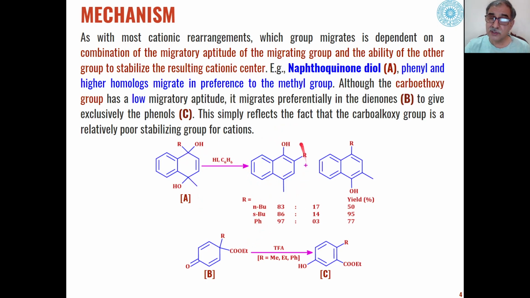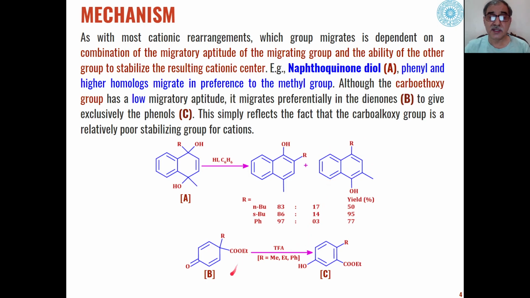Then exclusively 97% of the product formed is where the group will migrate to this position in preference to it. This is just because the intermediate carbocation formed in this product formation is more stable in comparison to the intermediate carbocation formed in this product.